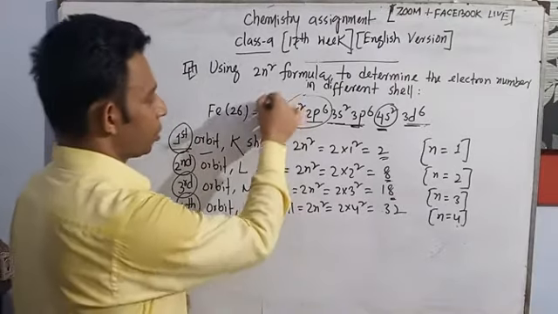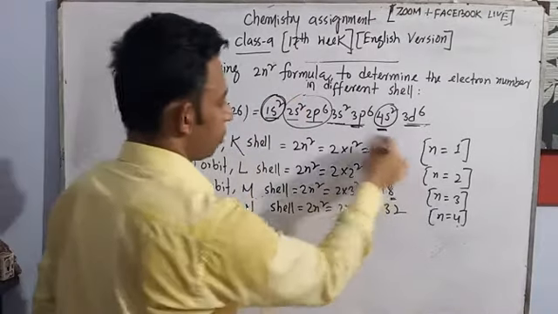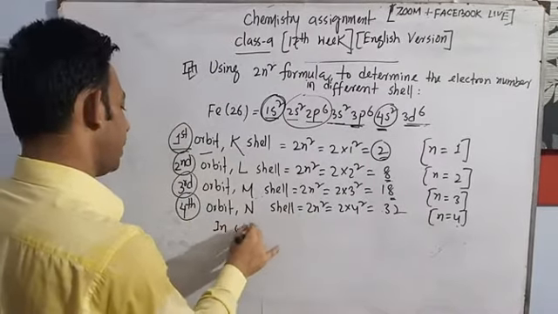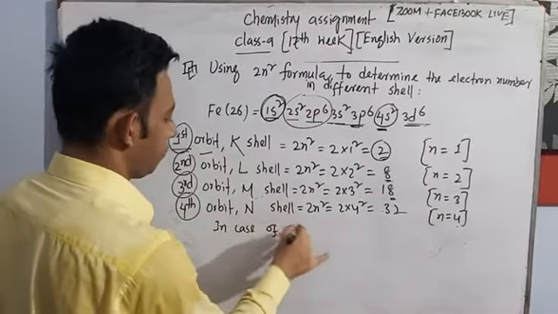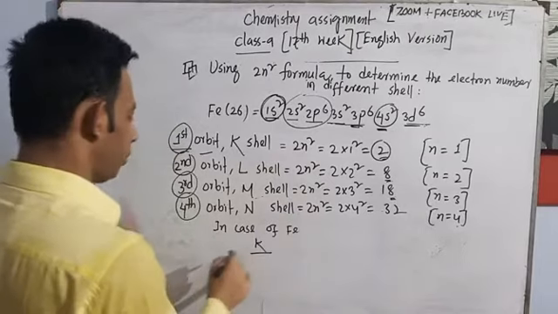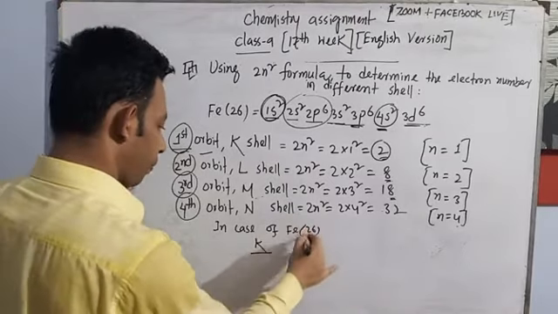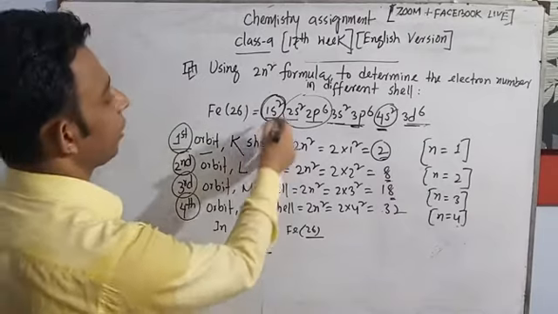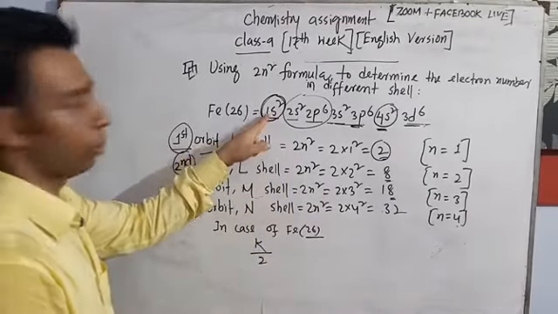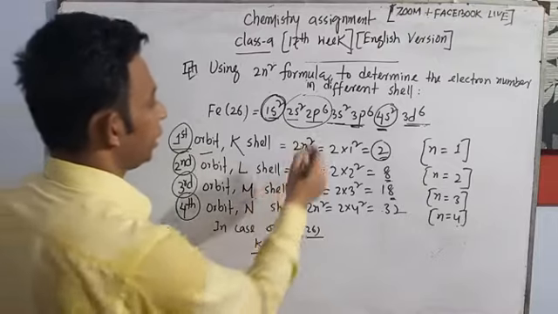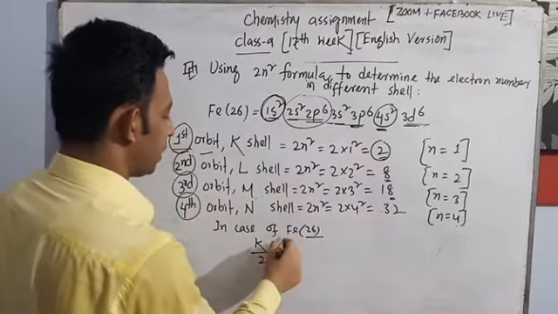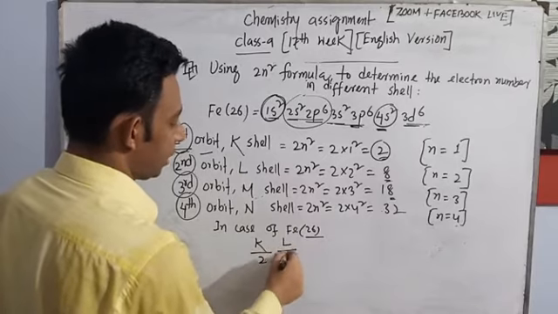So in the first shell, 2 electrons, in the K shell. In case of iron, in the K shell the number of electrons is 2. Since it is the first orbit, you can look at here the 2. Second shell, 6 plus 2, that means L shell is 8.